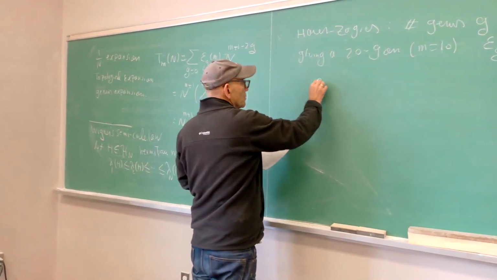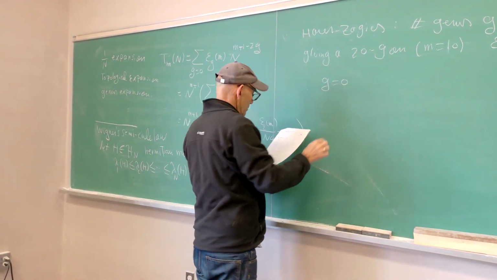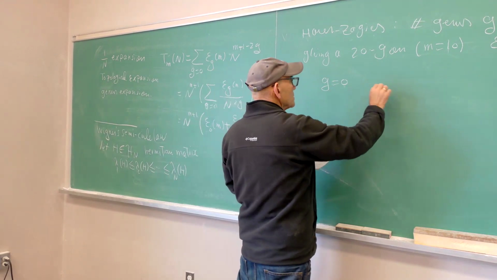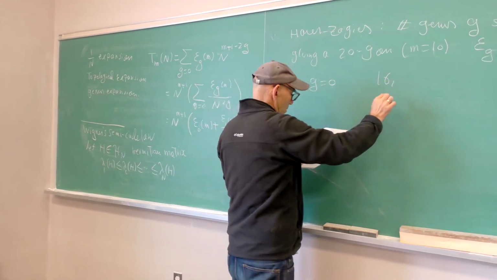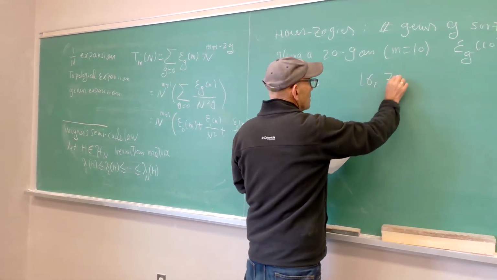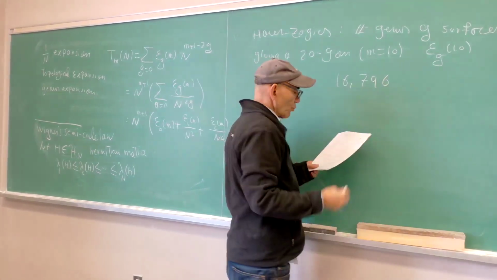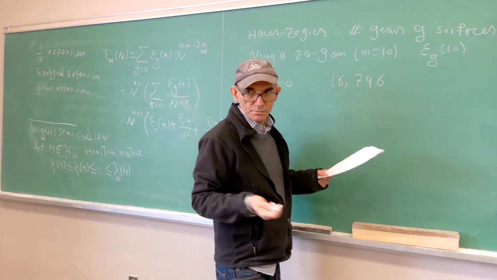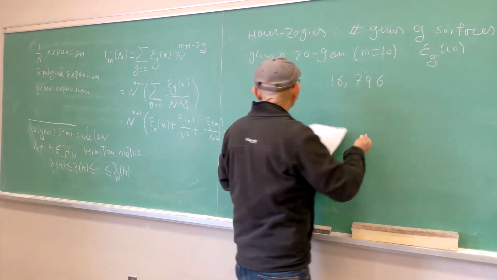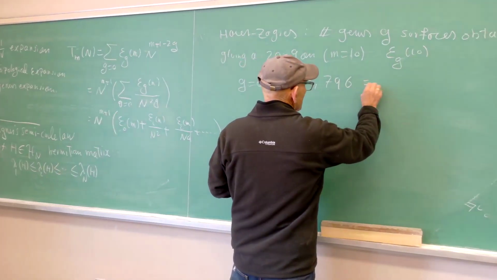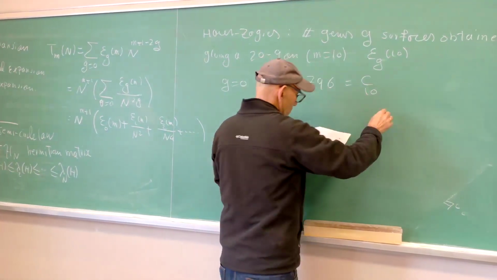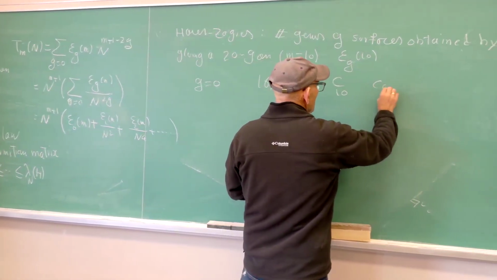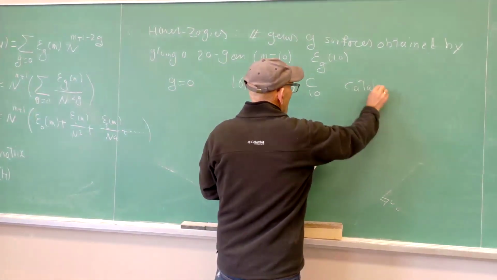So for g equal to 0, they give the number 16,796. Of course, this is the Catalan number. This is the first one, leading term, planar term. This is C10, the Catalan number, that's not a problem. You can compute it anyhow.